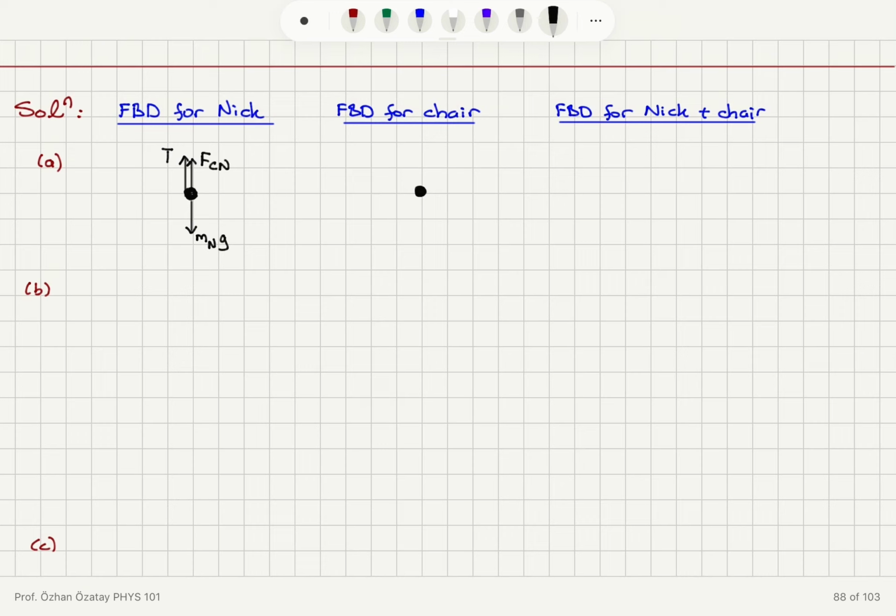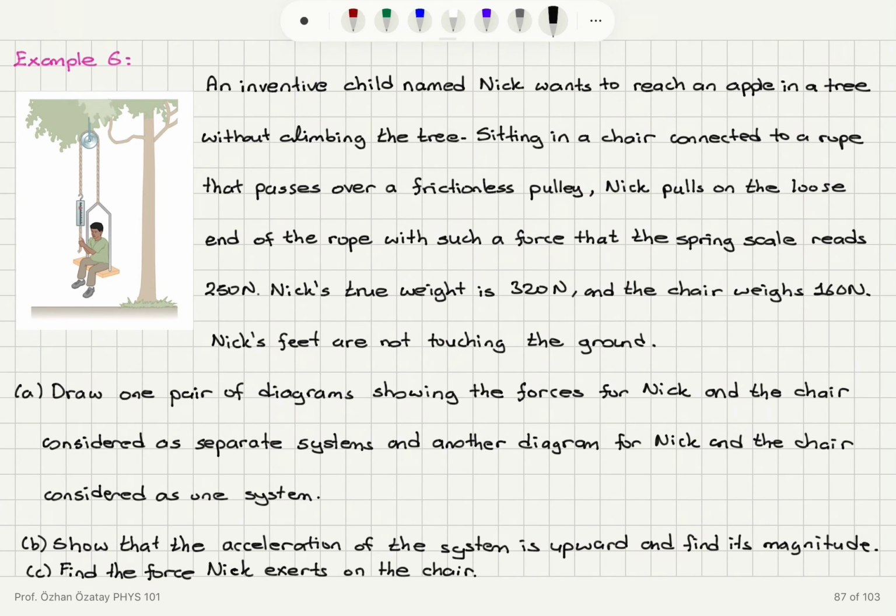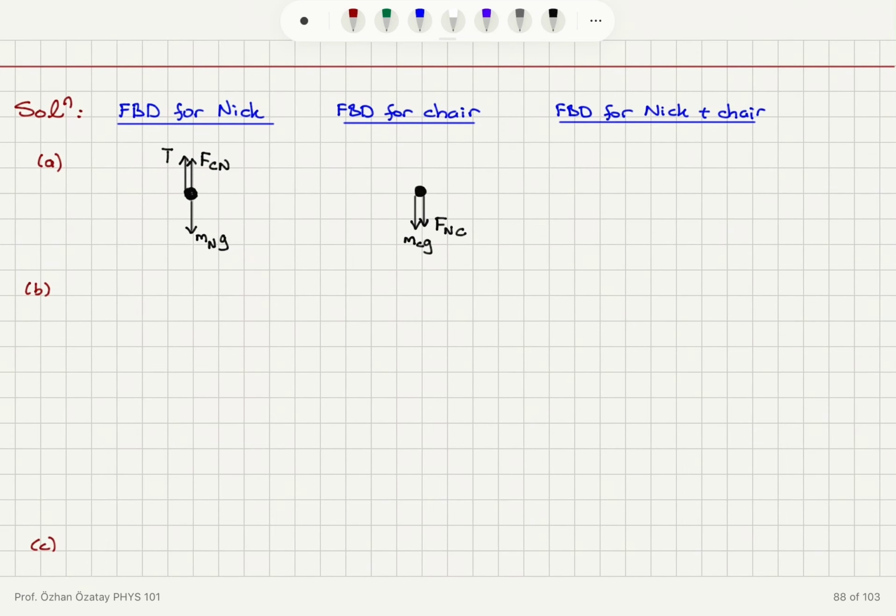The chair has a weight, mass of the chair times G. The chair feels a force because the chair is in contact with Nick. Force exerted by Nick on the chair, and I look at the chair and I see that the chair is in contact with Nick. It has its weight and it's also in contact with this string here, so it's also going to feel a tension T.